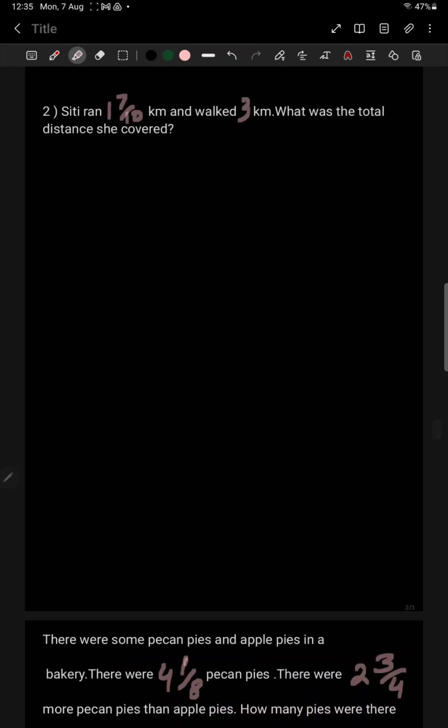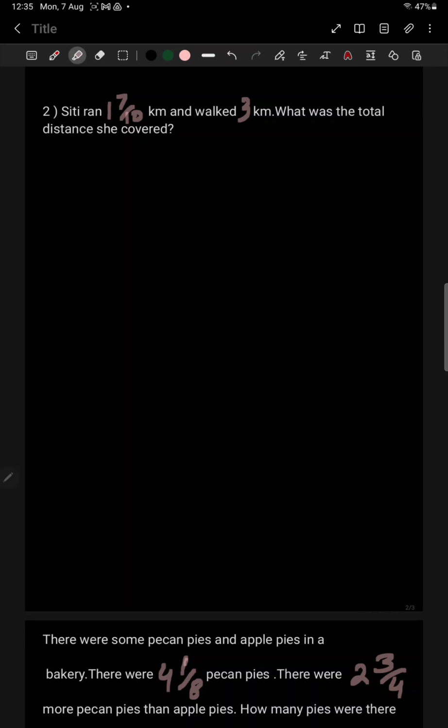Now the next question. Siti ran 1 whole 7/10 kilometer and walked 3 kilometer. So first of all she ran 1 whole 7/10 kilometer, and then she walked 3 kilometer more. So what was the total distance she covered? So we are going to find out the total.